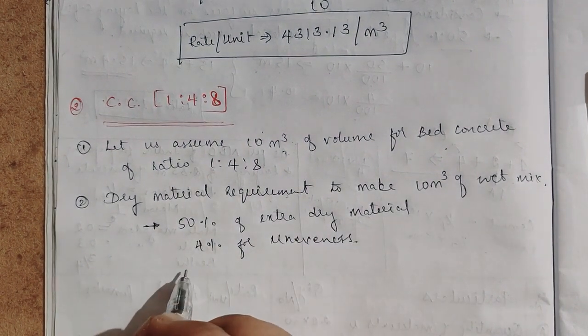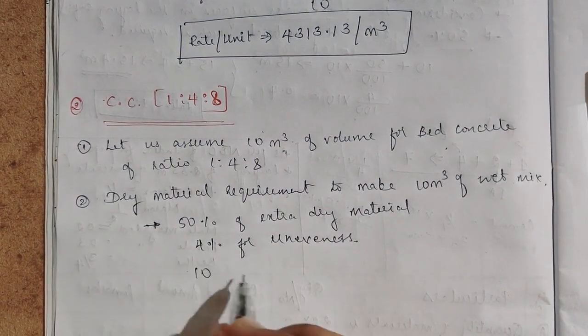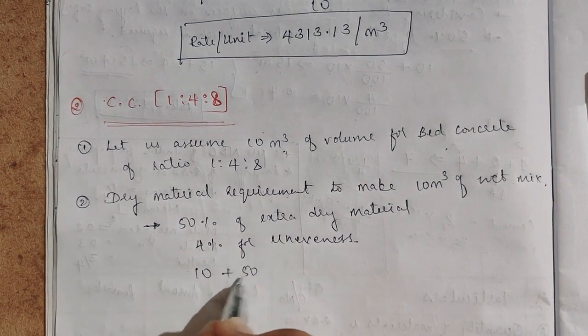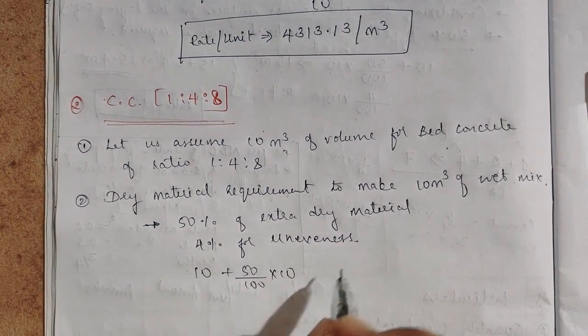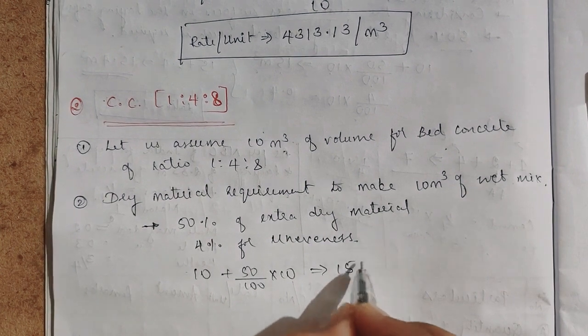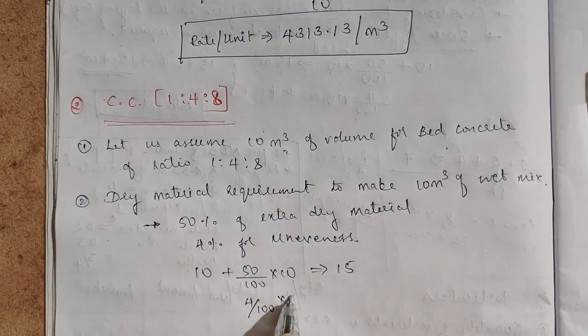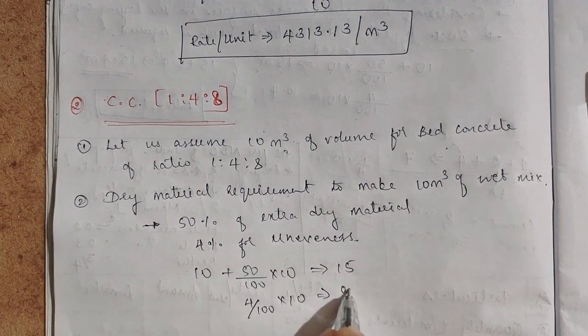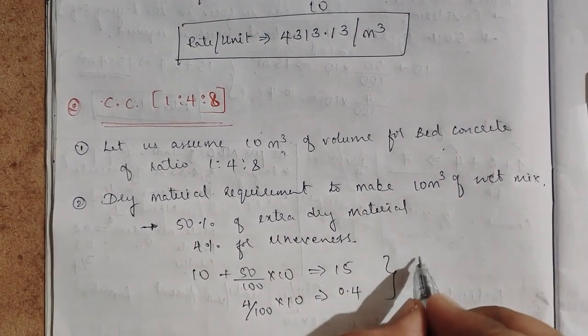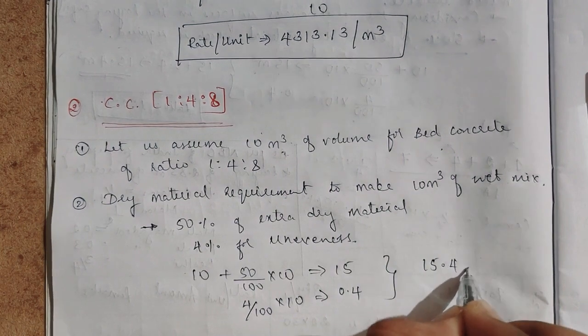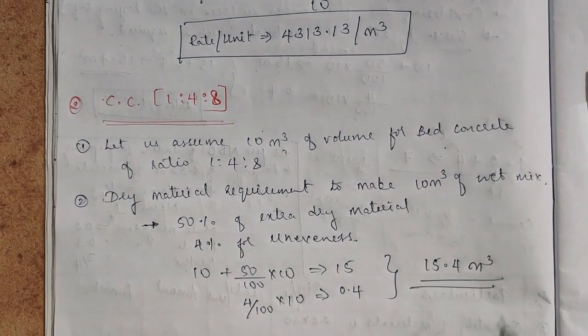So 10 plus 50% of 10, it will be 15, then 4% of 10, that is 0.4. So I'll get 15.4 meter cube of work.